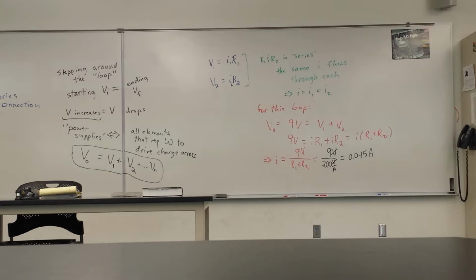So if I wanted to, I could put this number in here. So I know now that I've got 0.045 amperes of current that are flowing through this thing. If that's flowing here, that's flowing there, that's flowing there, and that's flowing back into the power supply.